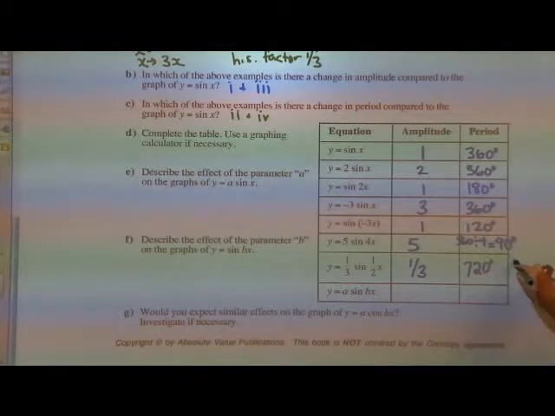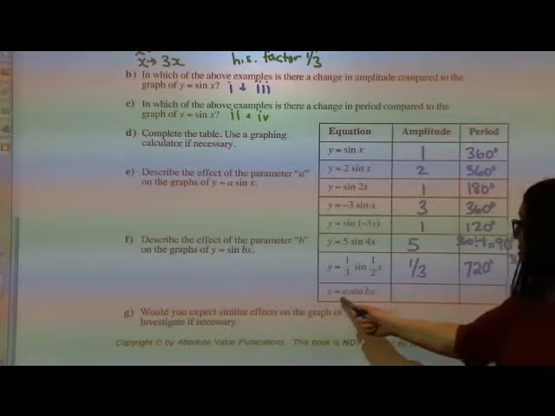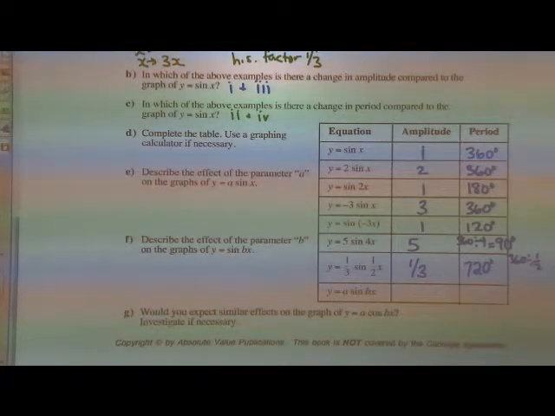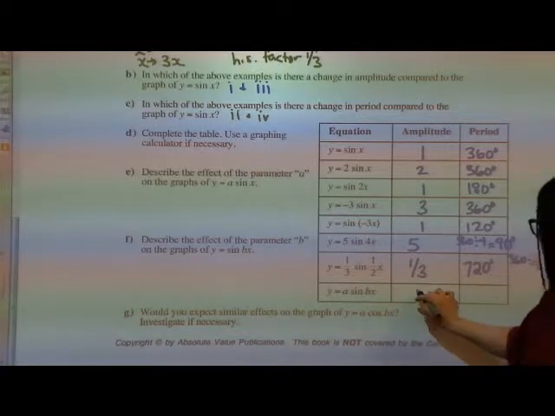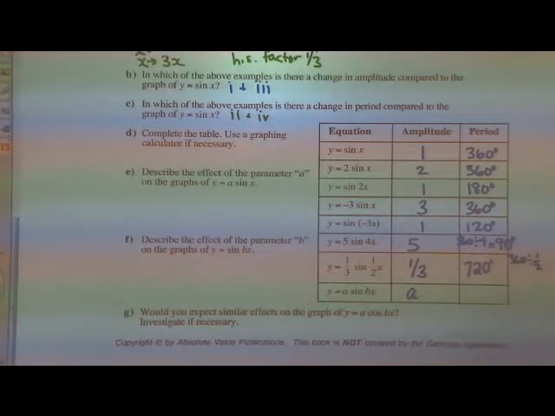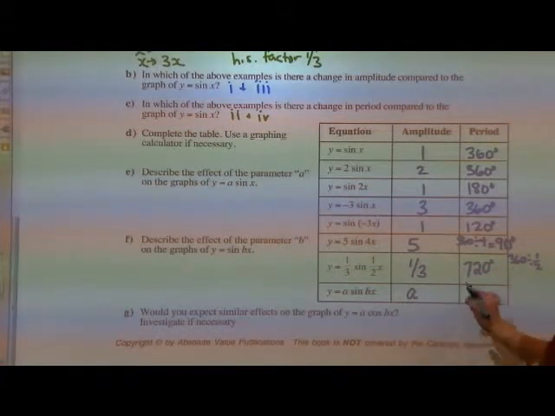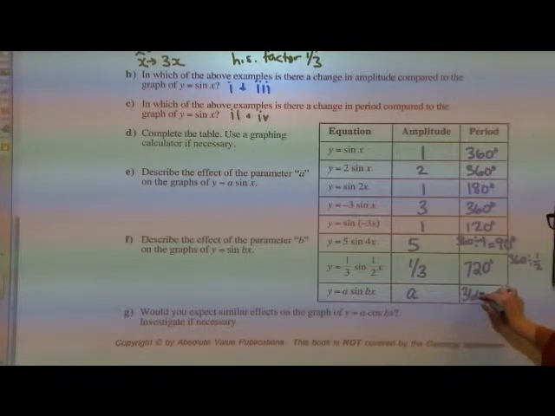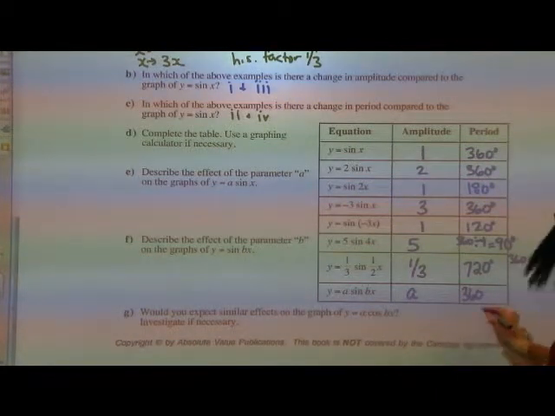Or if I went 360 divided by 1/2, I would get my 720. So if instead I just had A sine Bx, what is the amplitude going to be? The amplitude will be whatever the value of A is, and what is the period going to be? 360 divided by B.